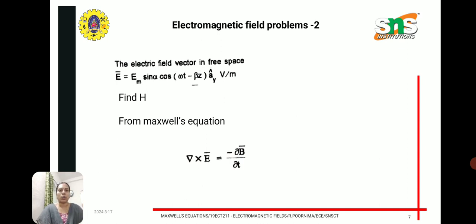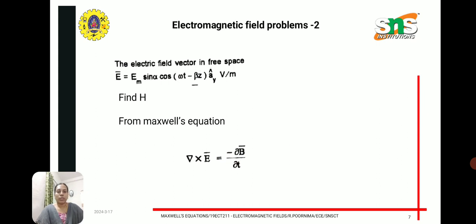Let's take another problem. Here the electric field vector in free space is given. E vector is Em sin alpha cos(omega t minus beta z) into Ay cap volt per meter. We can apply the same method as the previous one to find the H vector, that is magnetic field intensity. We consider Maxwell's equation del cross E equal to minus dou B by dou t.